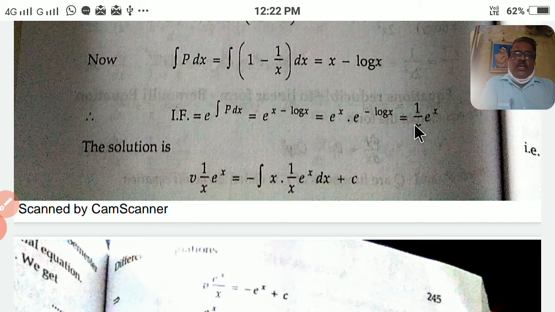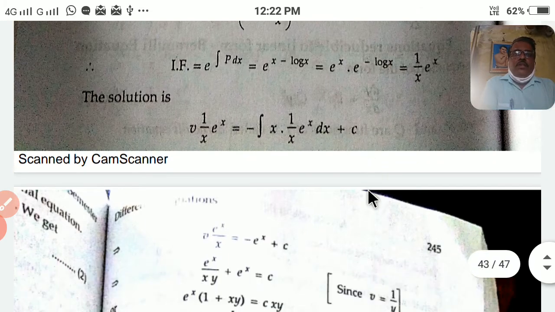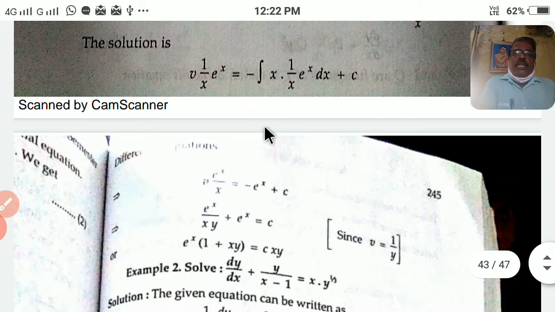So v into integrating factor, e raised to x by x, is equal to minus integration of q, meaning minus x, into again the integrating factor, e raised to x by x, dx plus c. Then again this gives v into e raised to x by x, which is equal to, x gets cancelled here, and minus integration of e raised to x, which is e raised to x only, plus c.